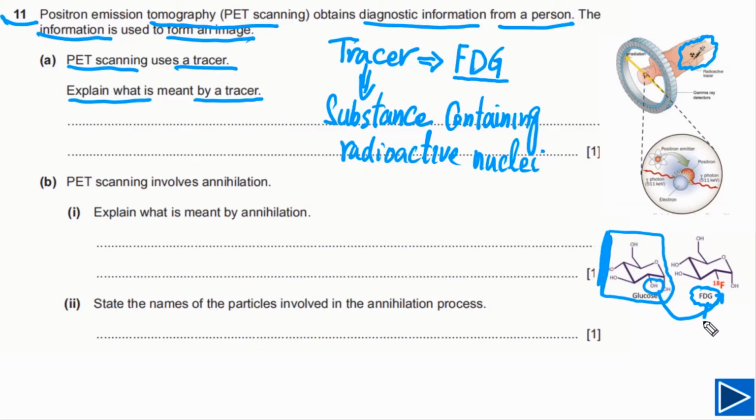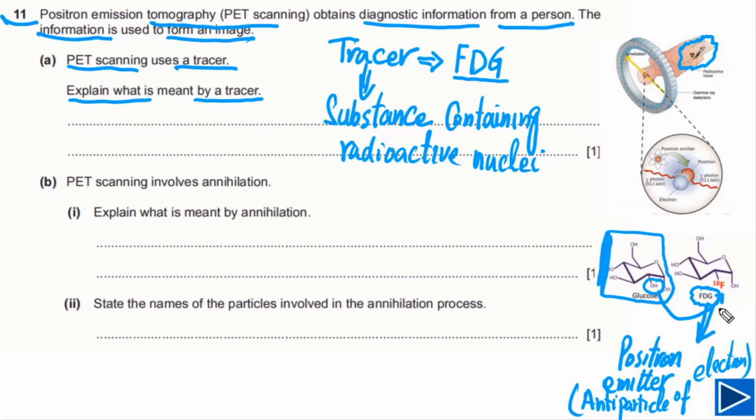And FDG is a beta plus emitter, or we can say a positron emitter, and a positron is the antiparticle of an electron. So we use fluorine 18 because it emits positrons.